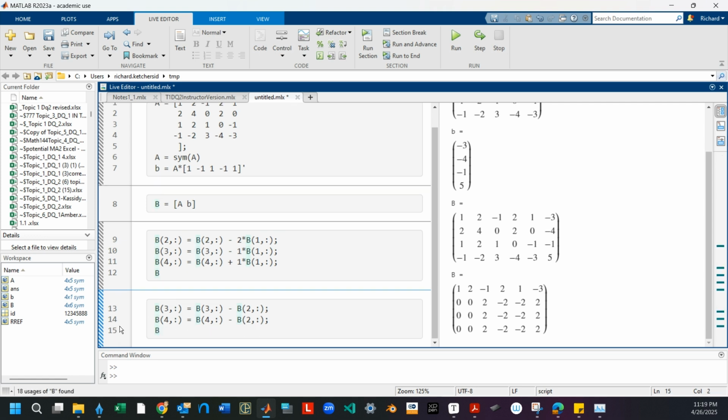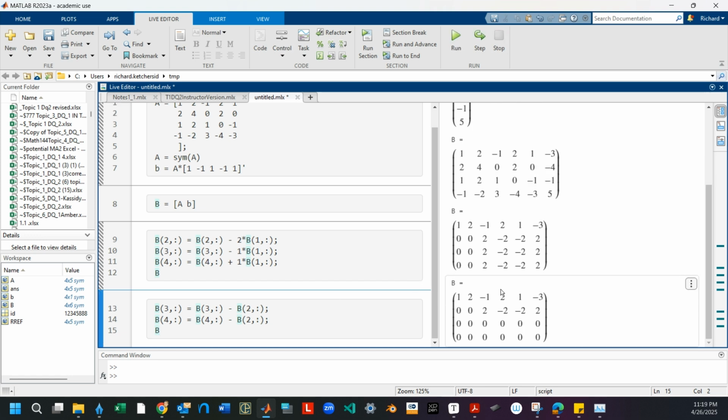And let's get B, and we do that, and so we get that. So good, that's the same matrix we got. And by the way, there are ways of getting MATLAB to do this. I could just type in null(A), and it would actually give me the basis for the null space. There are lots of things MATLAB can do for you here.